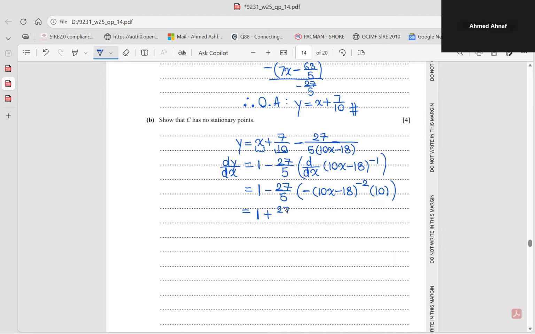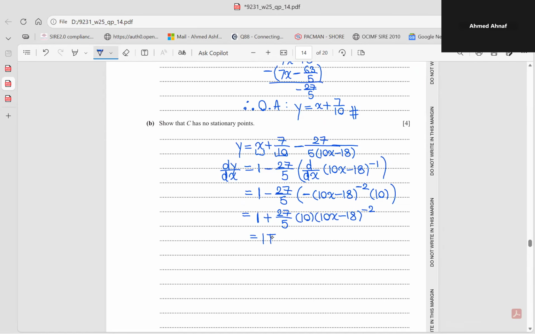Plus 27/5 times 10 times 10x minus 18 to the power of -2.